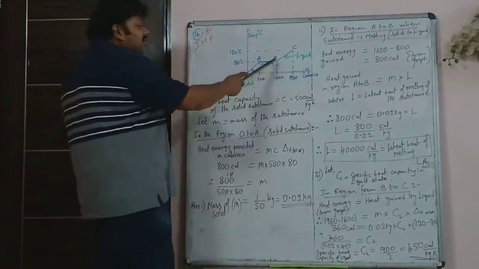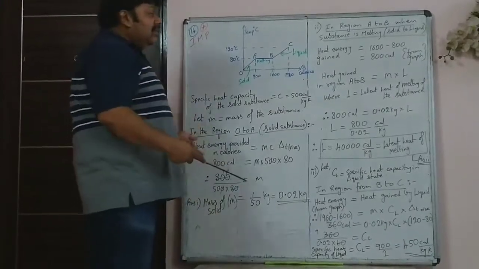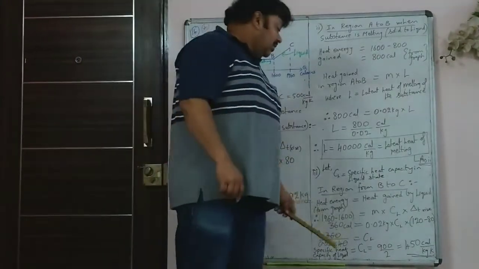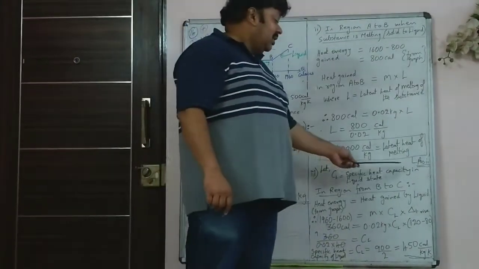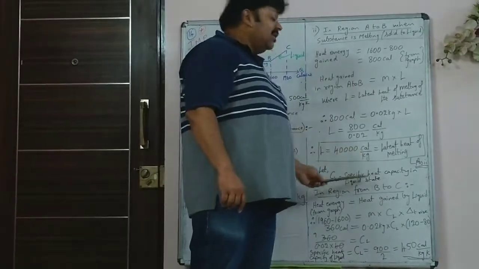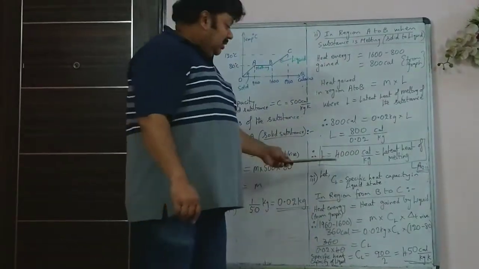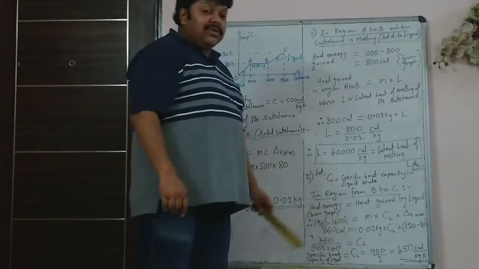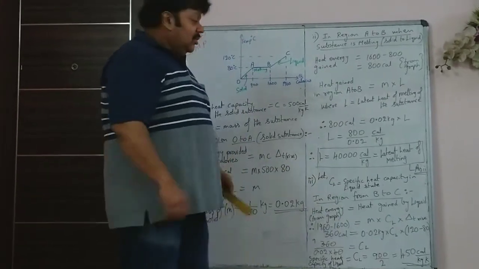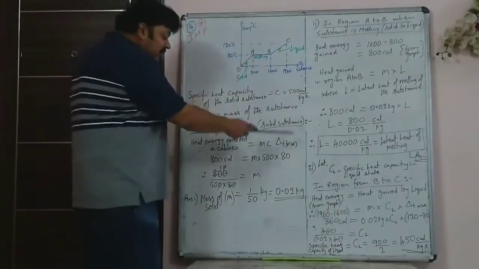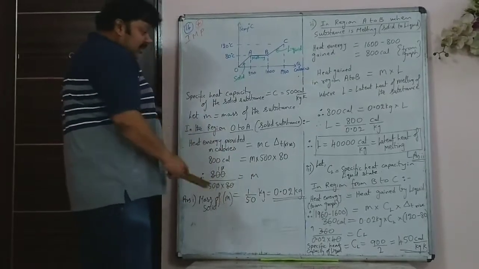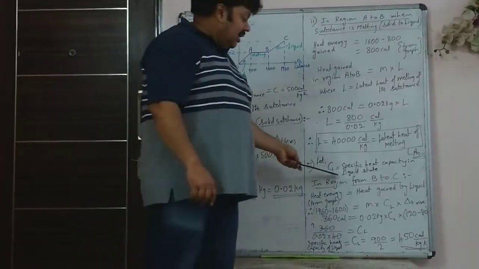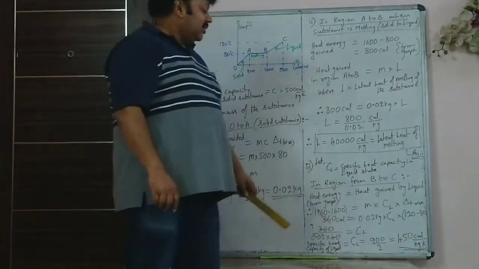Now the last part is in the region B to C. I have asked you to find what is the specific heat capacity in liquid state. Let C with subscript L, Cl I have written because already I have written C for solid state. So in liquid state, Cl is the specific heat capacity.